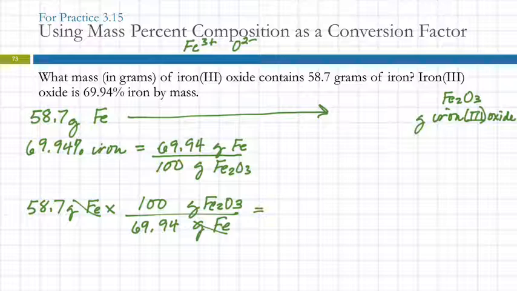So, turn on the calculator. 58.7 times 100 divided by 69.94, 83.929. We should have three sig figs here, rounding that to 83.9 grams of Fe2O3.